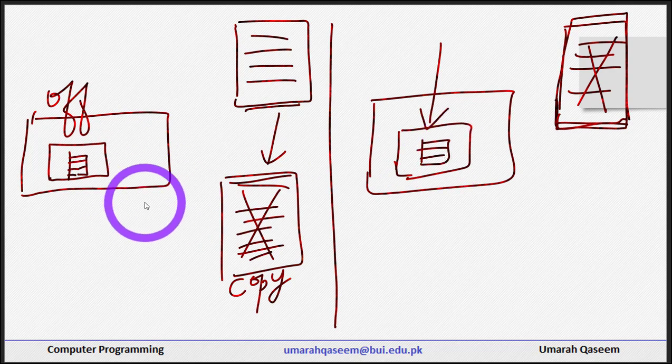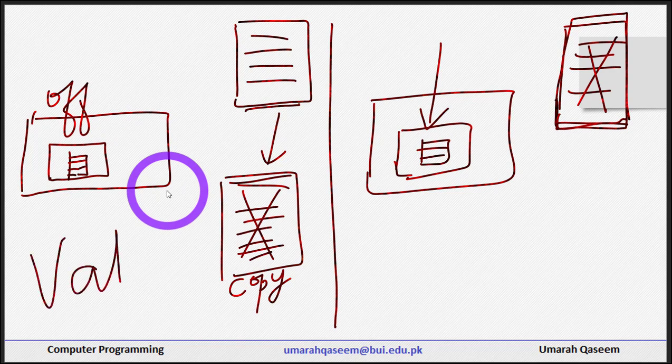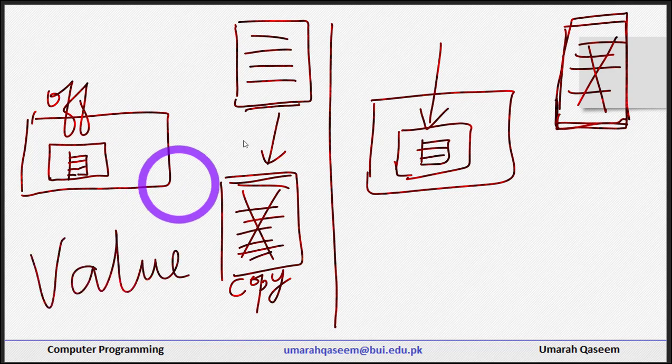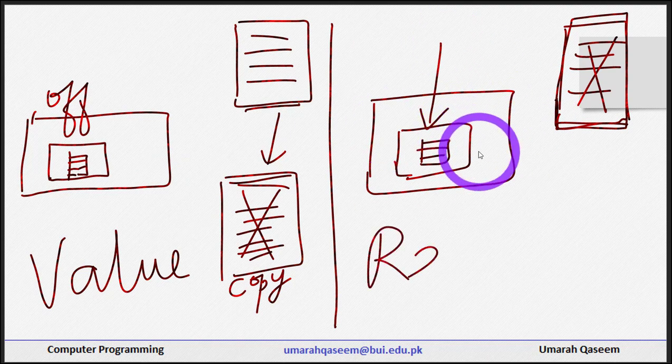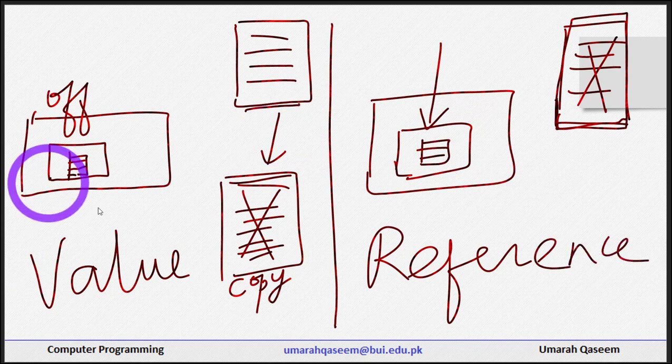The first scenario that we discussed is actually function call by value, and the second scenario that we discussed is actually function call by reference, right? In the function call by value, a copy of variables is being sent to the function.